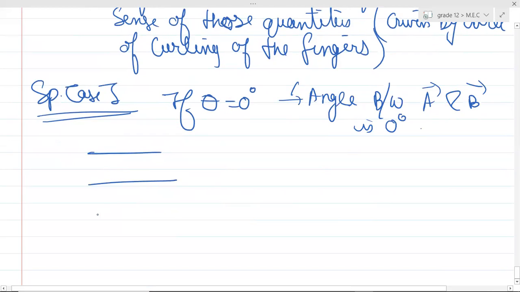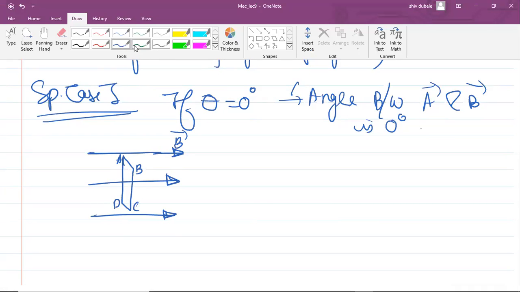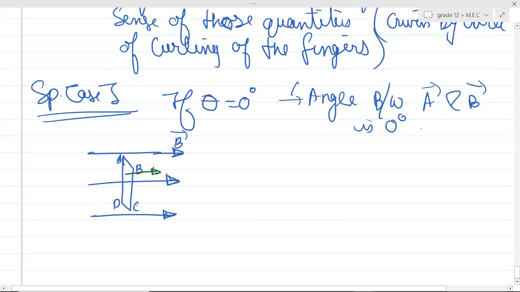If this is the magnetic field, then the magnetic field is like this, and even the area vector is also like this. In this particular case, what will be the magnitude of torque acting on the loop?